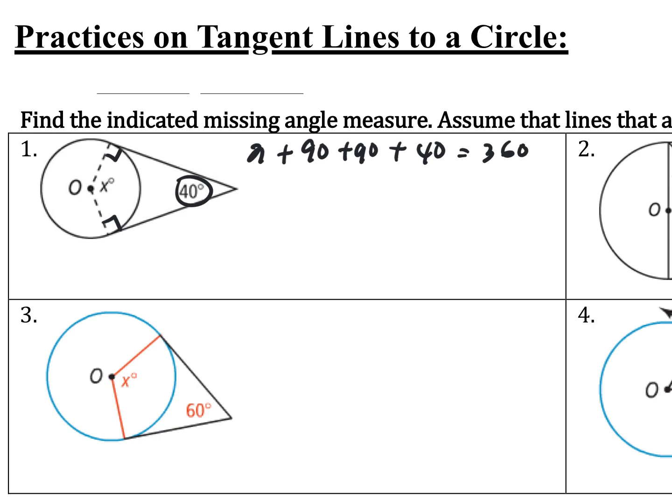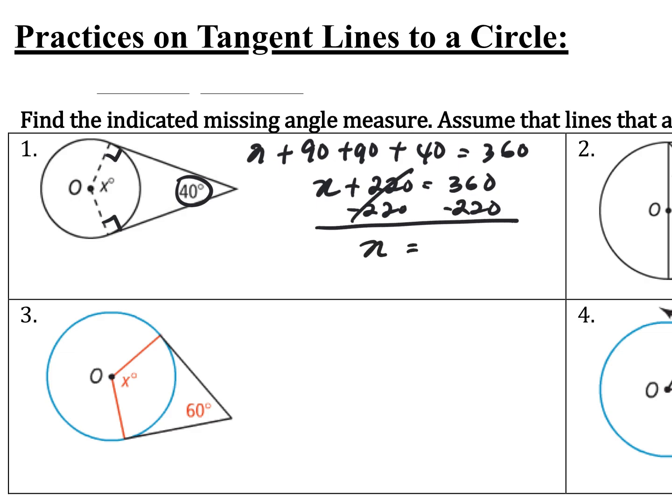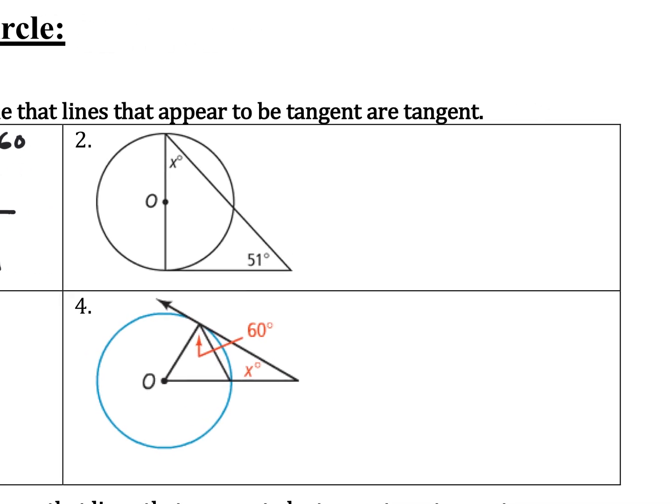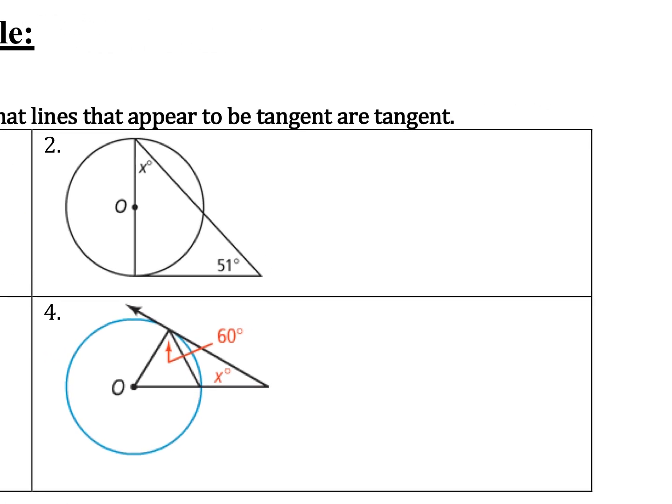degrees. 90 plus 90 plus 40 is going to give you 220, which is equal to 360 minus x. We subtract 220 on both sides. Therefore, x here is going to give you 140. Number 2, x. A triangle has a total of 180 degrees on all its 3 angles.